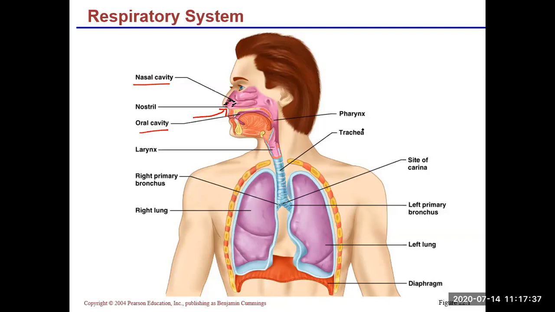Now, the air will continue going towards the pharynx, which is the throat area, and then enter the trachea. You can see the hyaline cartilage. Hyaline cartilage ensures that this airway is always open, because you want the flow of air in and out.